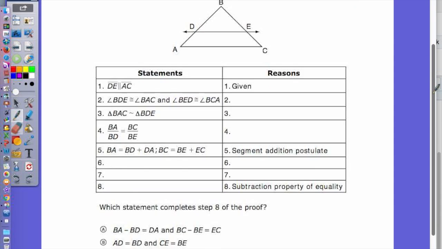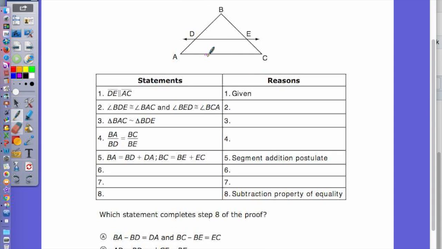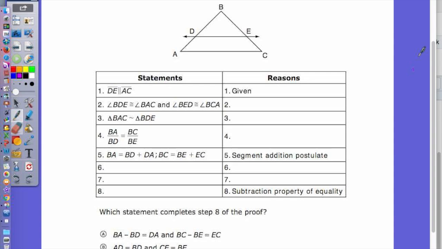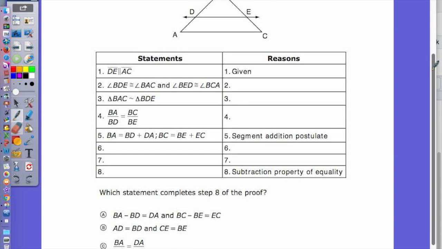You want to prove that it breaks the sides into the same proportion, meaning you need these two parts, DA to DB. Those two parts of one side are in the same proportion as the two parts of the other side. So you're proving that part of the side is to part of the side as the other two parts are to each other.